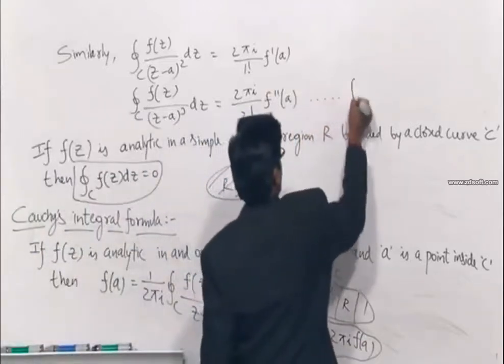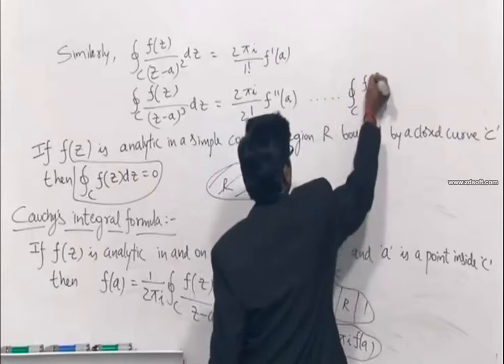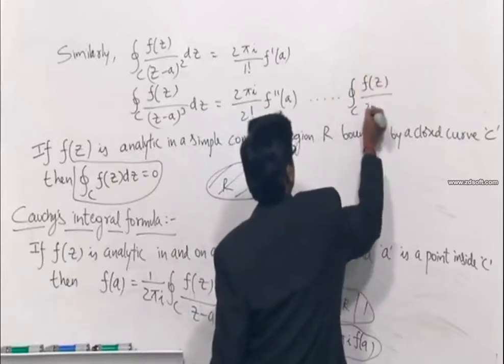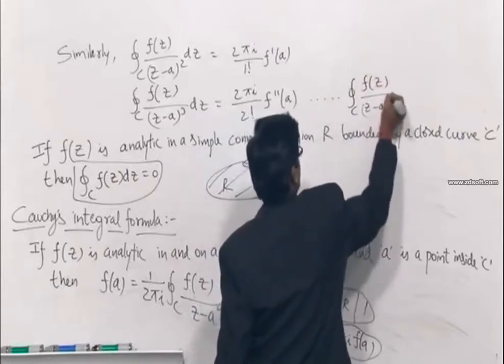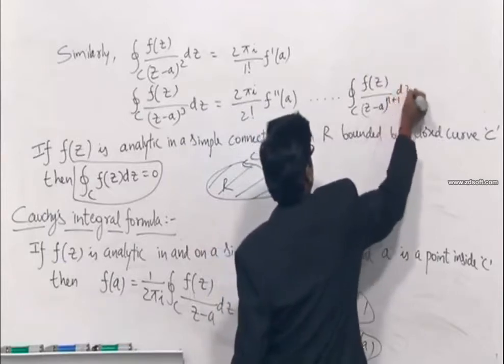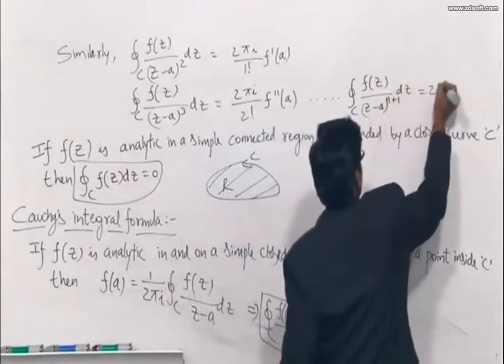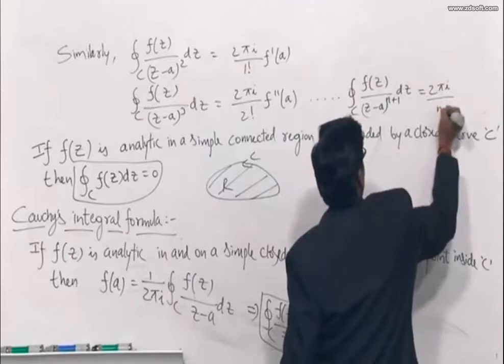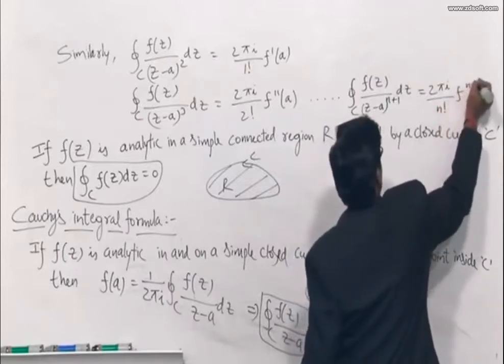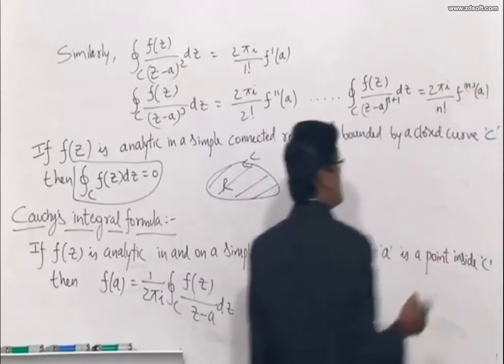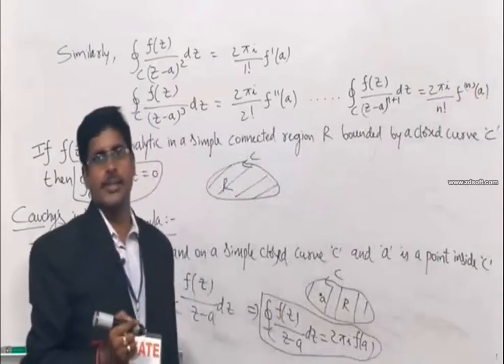So on, the integral over C of f of z by z minus a whole power n plus 1 dz is equal to 2 pi i by n factorial times the nth derivative of f at z equal to a.